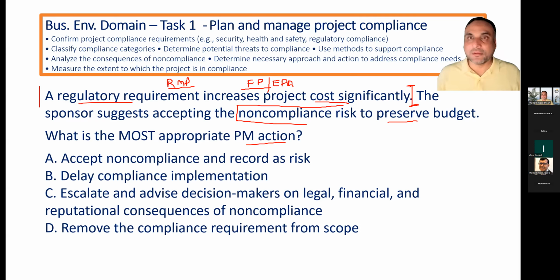You are not a legal expert, so get help from legal people. Exactly. For things which are not in your scope, not in your expertise, get expert judgment. Very good.